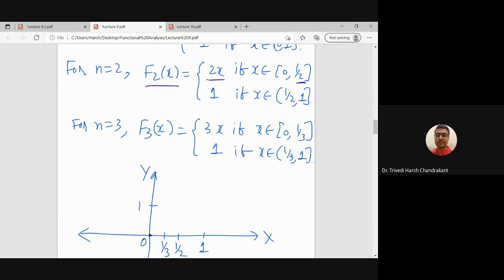So it is a line joining these 2 points in the closed interval 0 to half, and then on the other points in the closed interval 0 1 the value of the function is 1. Right, so up to here. So this is f2(x).